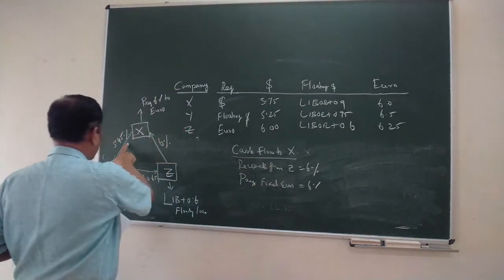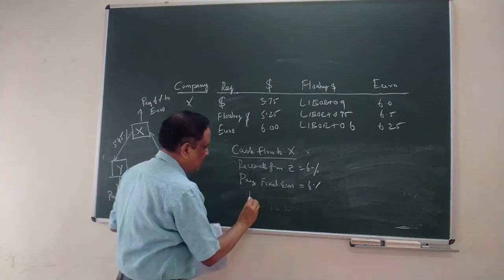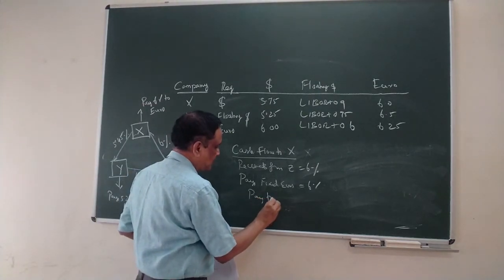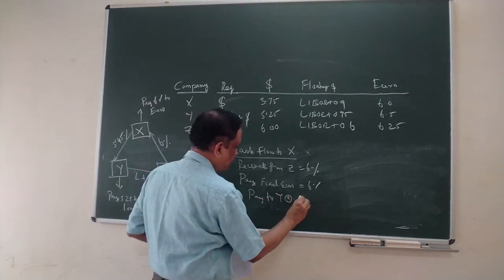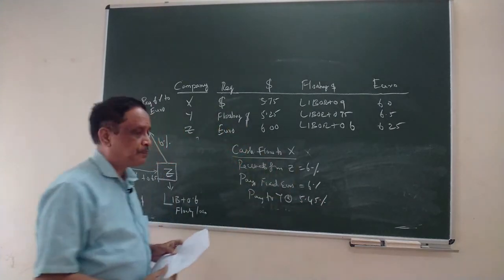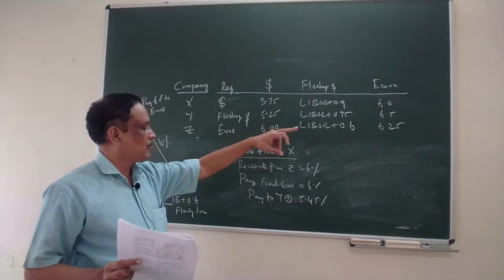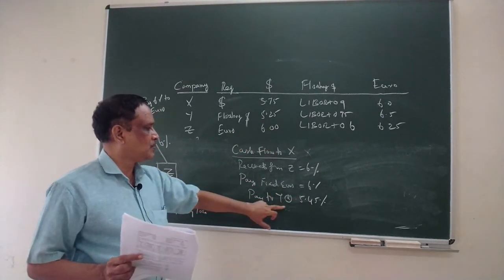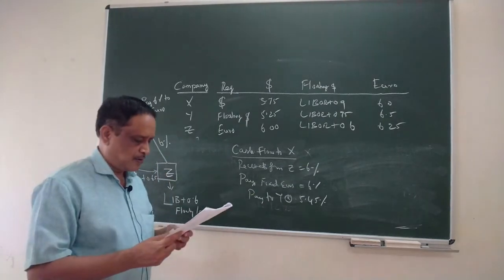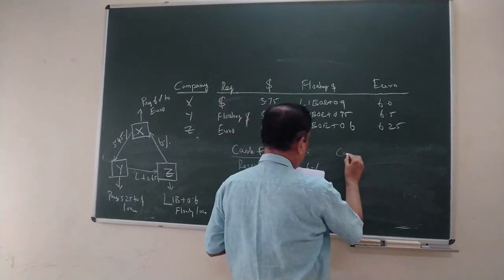And we are calculating 5.45 as the rate for X. It pays to Y at 5.45%. So it receives from Z 6, pays fixed euro 6, and pays to Y at 5.45%.